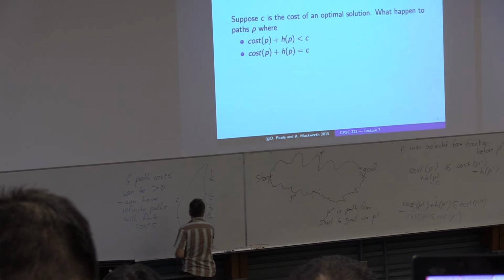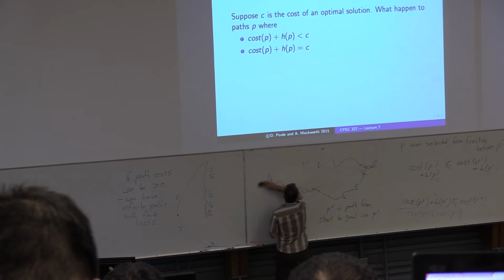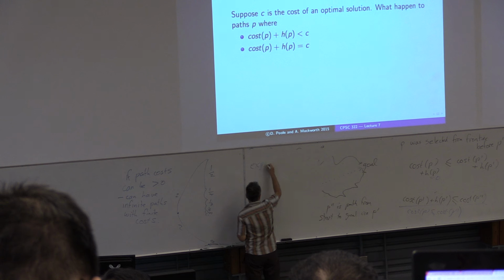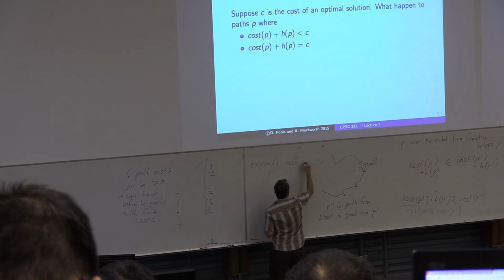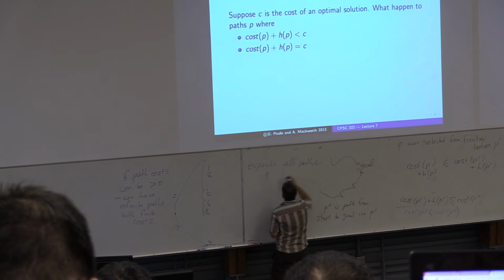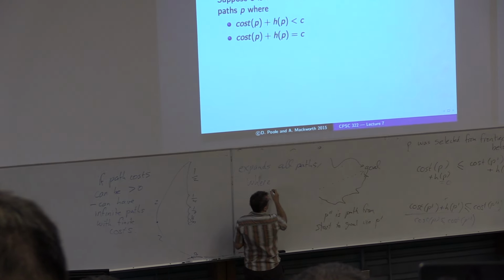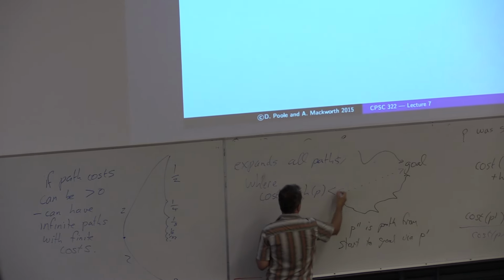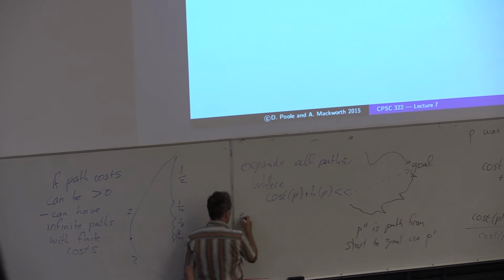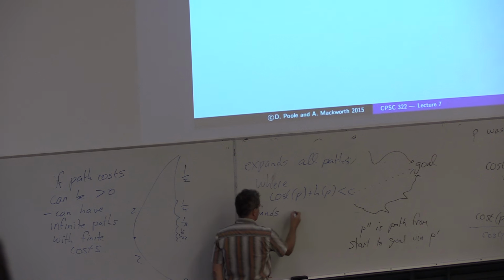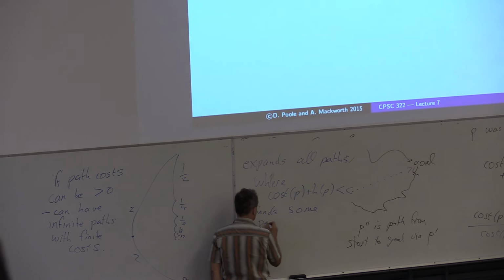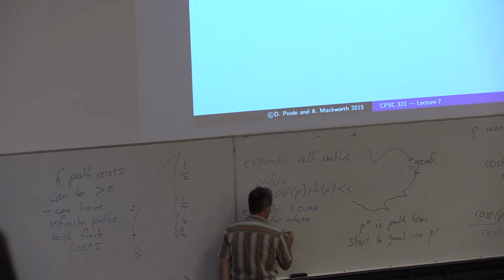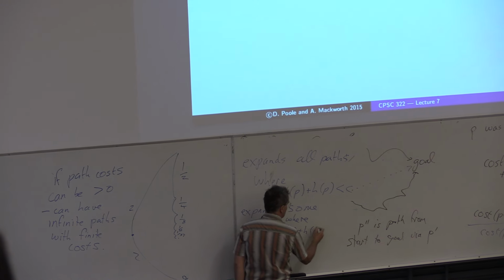So it expands all paths where cost of P plus h of P is less than C. It expands some of the paths where cost of P plus h of P equals C.